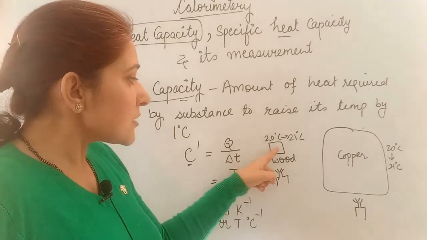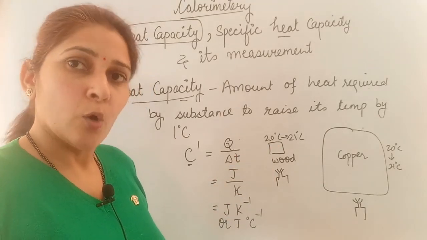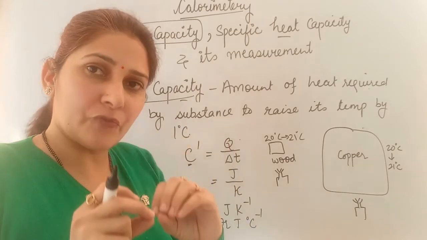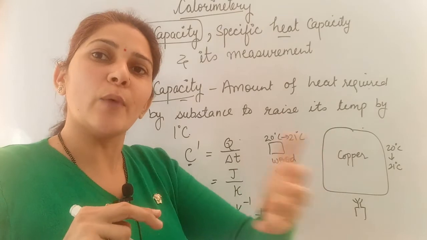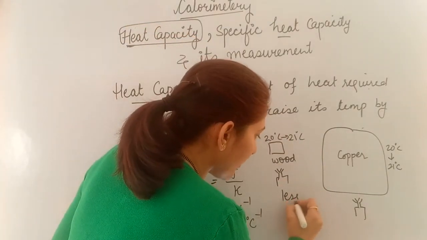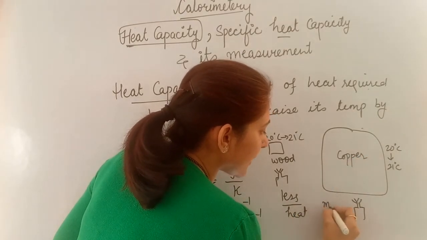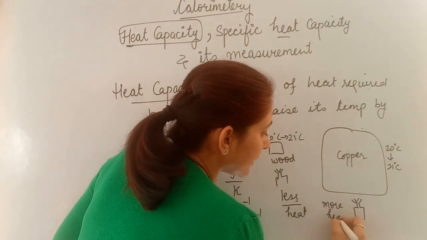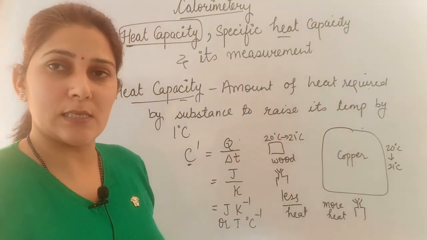So this is a smaller piece of wood. Maybe with a very small amount of heat, because the piece is very small, it is able to raise its temperature by 1 degree Celsius. It is absorbing less heat as compared to this piece of copper. The copper is absorbing more heat because the piece is bigger, and it also has to raise its temperature by 1 degree Celsius.